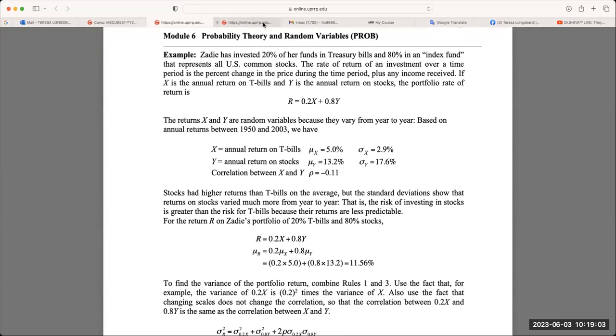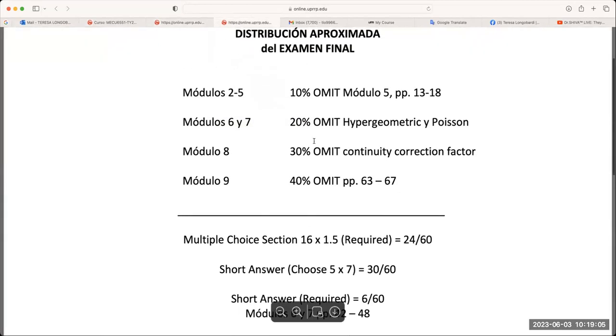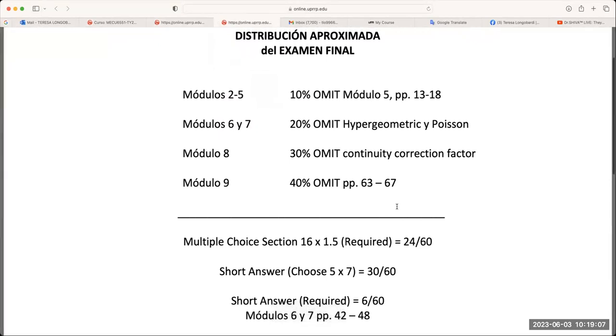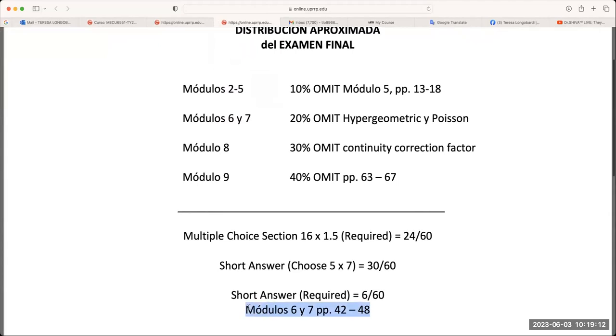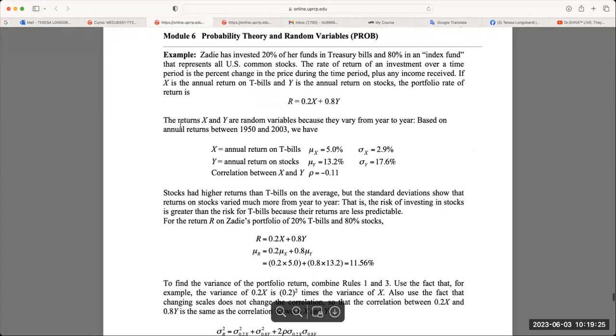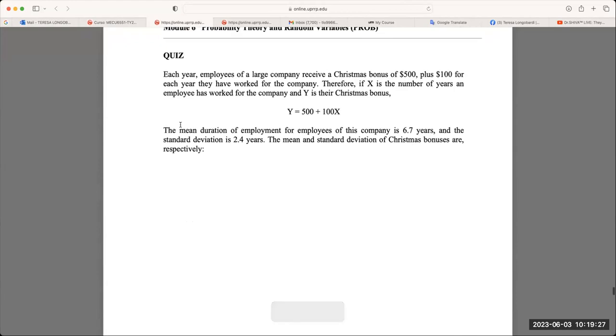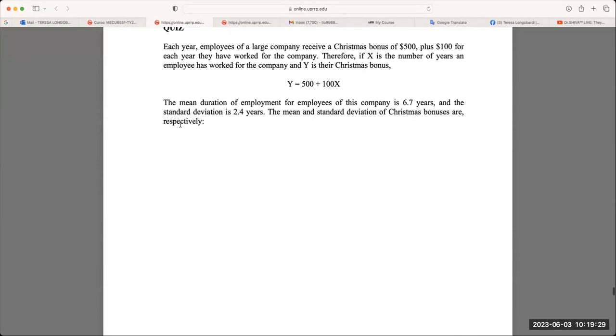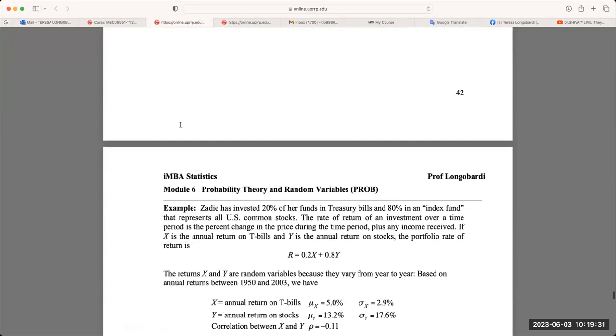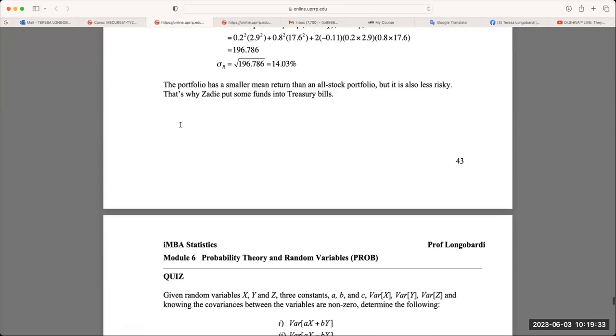According to the final exam distribution, I am going to give you one question that mimics those exercises from page 42 to 48. So page 42 to 48 begins here. You need to know how to use the rules of mean and variances and apply them. So have a look at those.